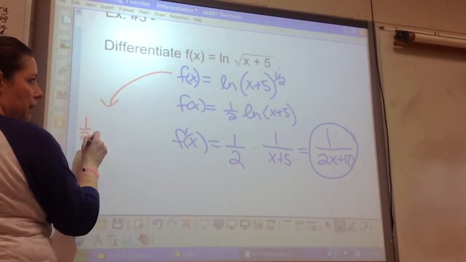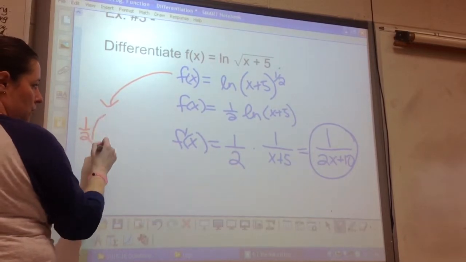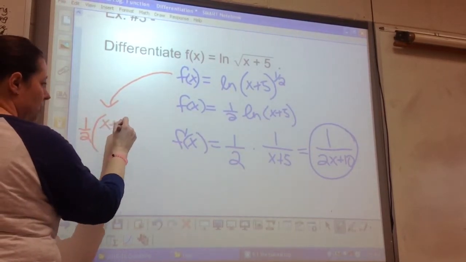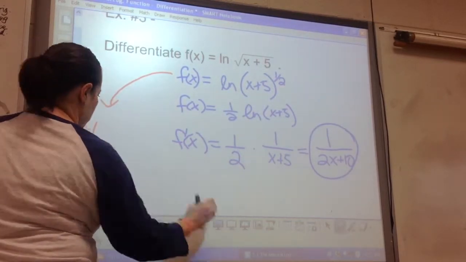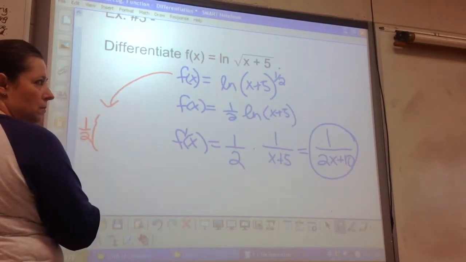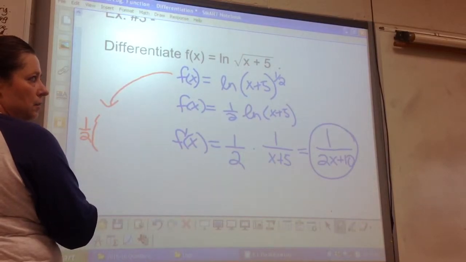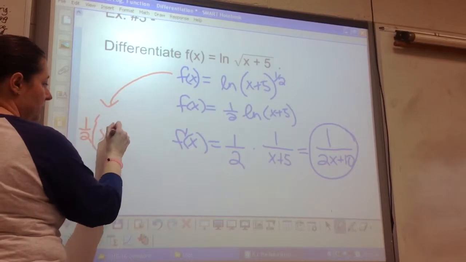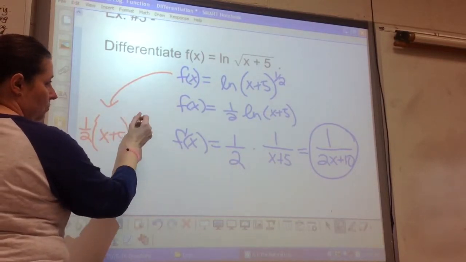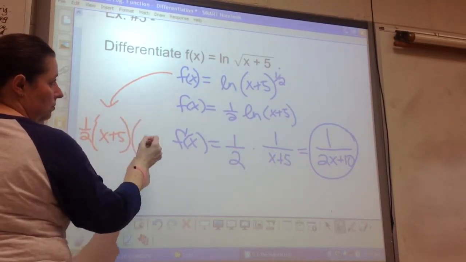That would be 1/2 times x plus 5. Wait, no, not x. It's 1, just like for chain, you take the derivative of the outside and keep the inside. Okay, then the derivative of the inside to the negative 1/2.